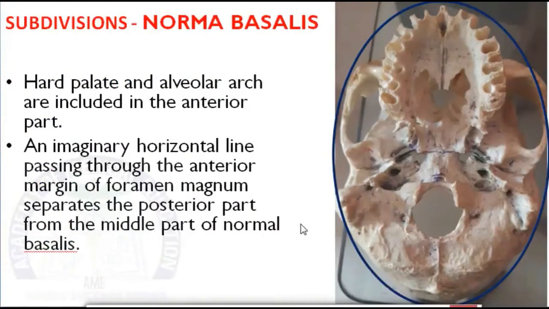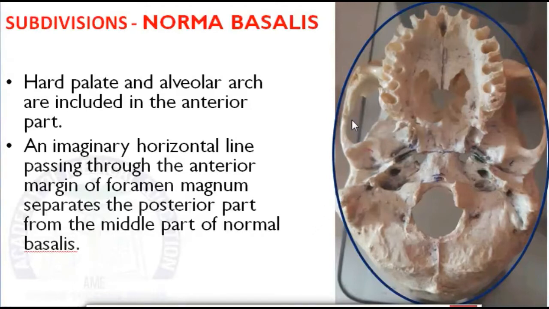Subdivisions of Norma Basilis. The hard palate and alveolar arch are included in the anterior part. An imaginary horizontal line passing through the anterior margin of the foramen magnum separates the posterior part from the middle part.